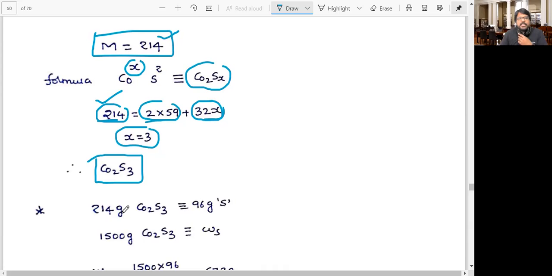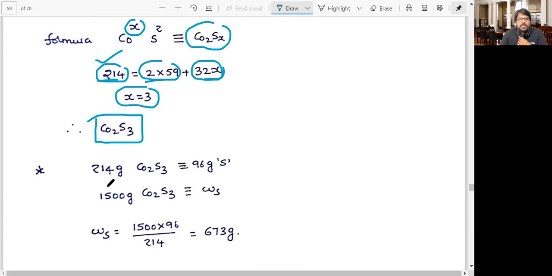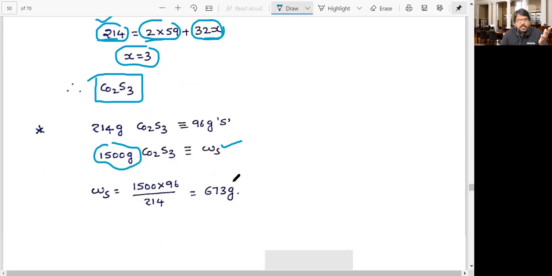So for 214 grams of Co2S3, you need to take 96 grams of sulfur. But what is the question? He's asking, in order to prepare 1500 grams of solid, how much sulfur is required? That is the question. So the weight of sulfur required will be 673 grams.